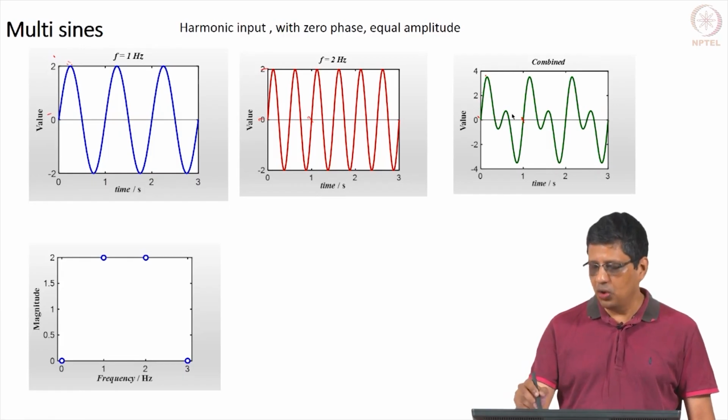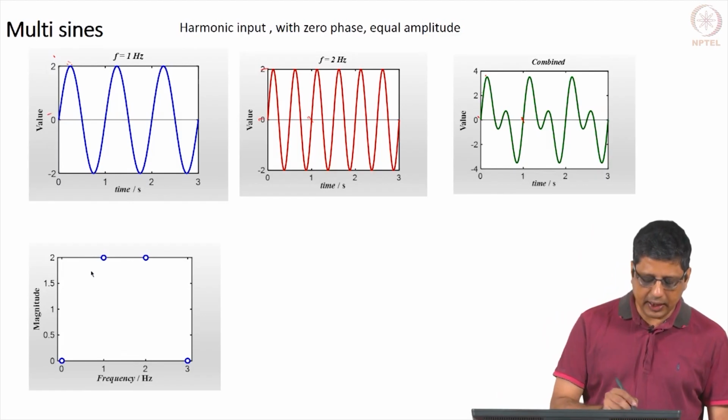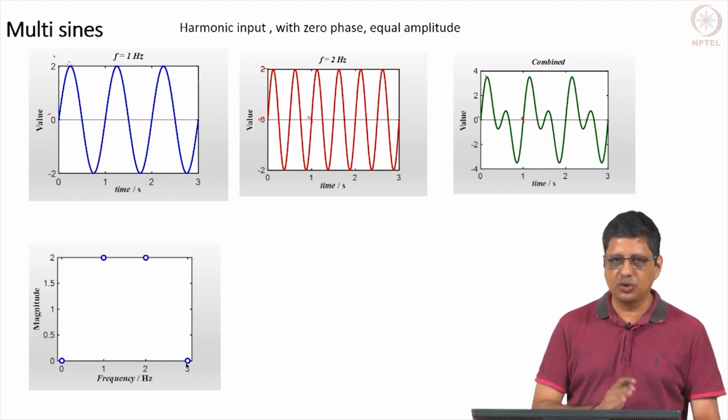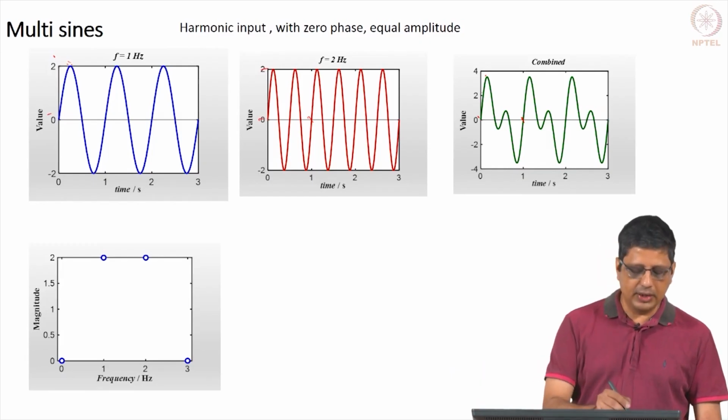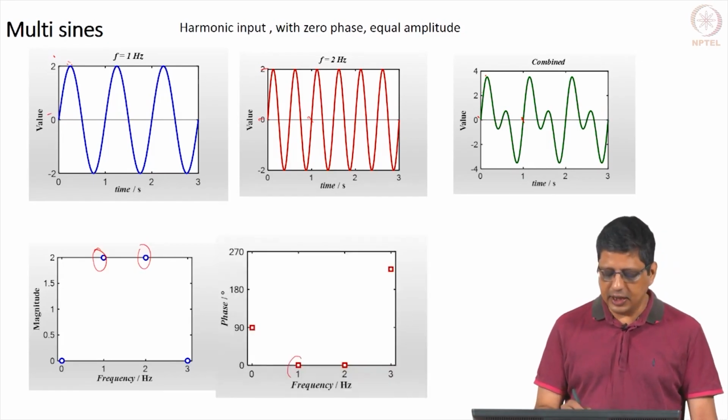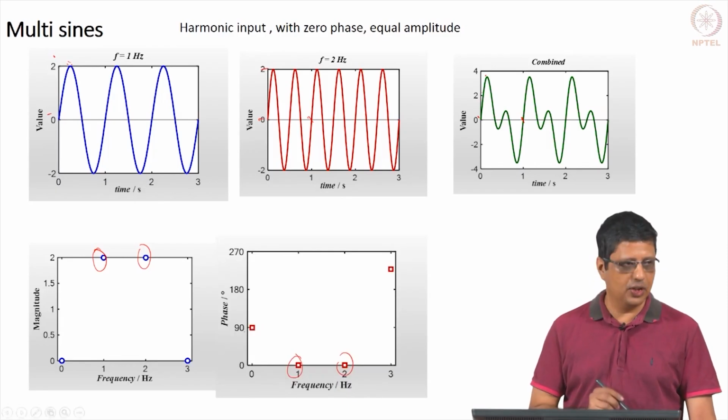I definitely give at least one cycle, I will probably give few cycles, I can get data at 0, 1, 2, 3 and more, but I am just showing you 0 to 3 and you see that magnitude is 2 at 1 and 2 Hz, everywhere else it is 0, phase is 0 here and these values you can ignore because the magnitude is 0 anyway.